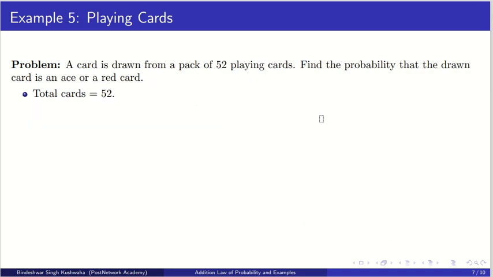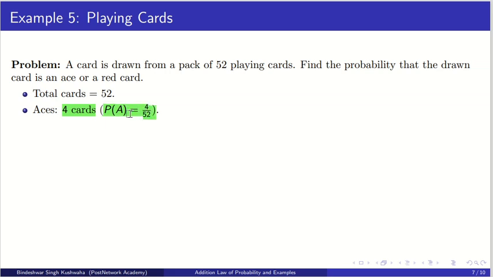Let us see the last one. A card is drawn from a pack of 52 playing cards. Find the probability that the drawn card is an ace or a red card. So total cards are 52 and 4 cards are aces.